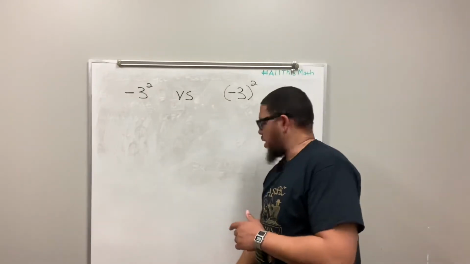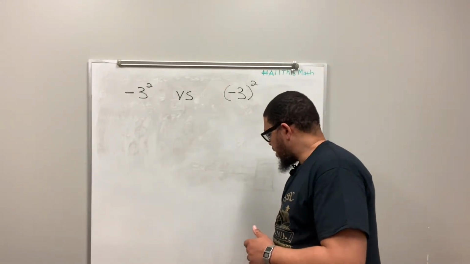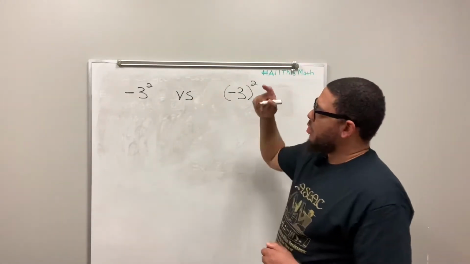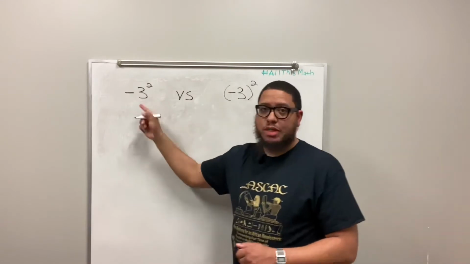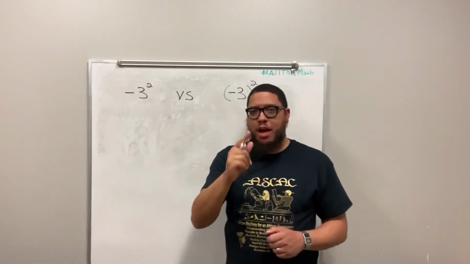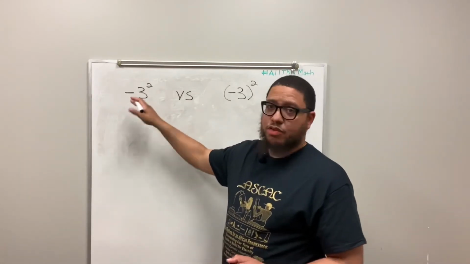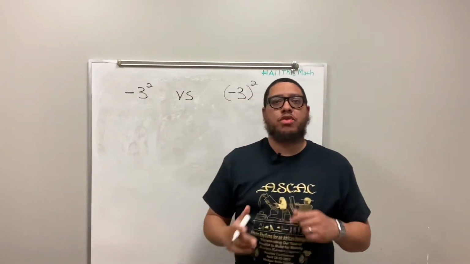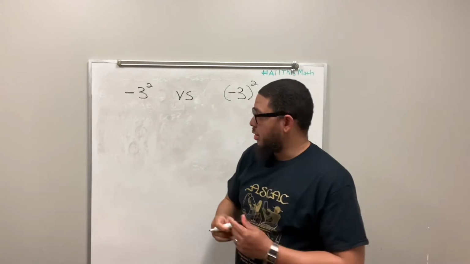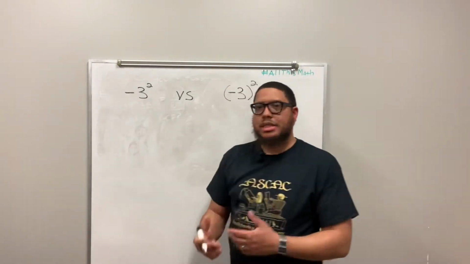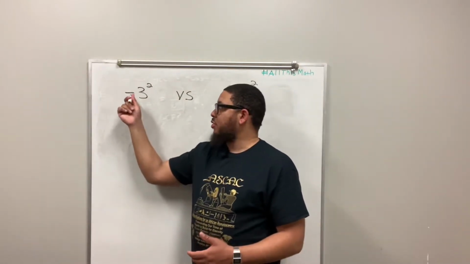So I'm here to tell you that once you see an expression that looks like this or an expression that looks like this, when you see this without the parentheses, you want to think of the order of operations. I repeat, when you see this number that's negative without the parentheses, you want to think of the order of operations, okay? And you also want to think of the fact that this negative sign is an abbreviation.